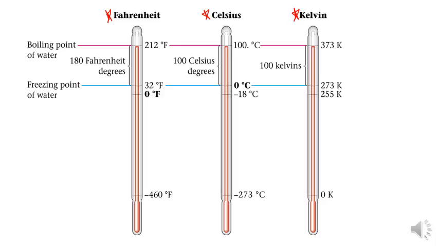Now, science will use both the Celsius and the Kelvin scales. They never, ever use the Fahrenheit scale. No, don't do it. So, ladies and gentlemen, I'm sorry to tell you, not only do you have to know how to convert between Fahrenheit and Celsius and Fahrenheit, but also Celsius to Kelvin and Kelvin to Celsius. Everybody else just does Celsius to Kelvin.